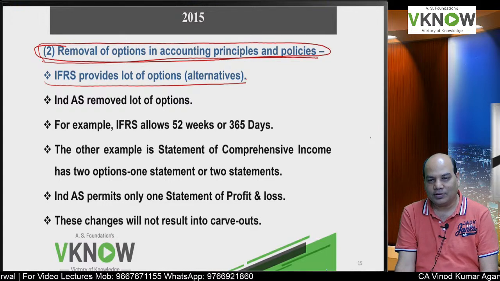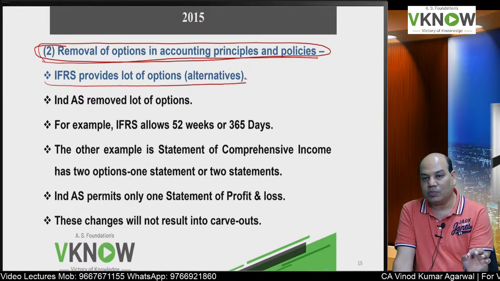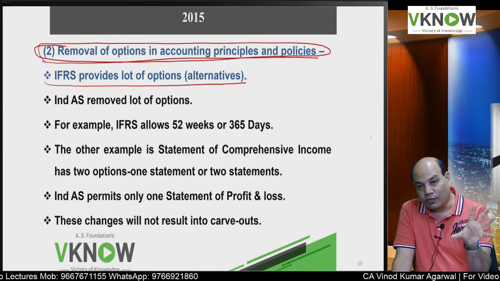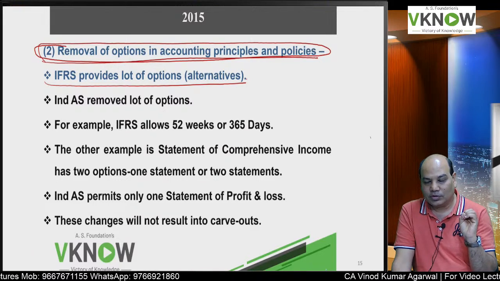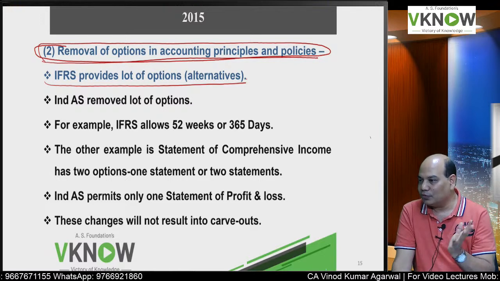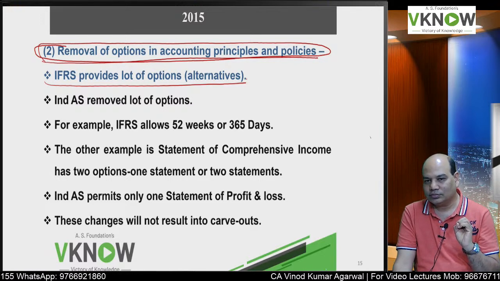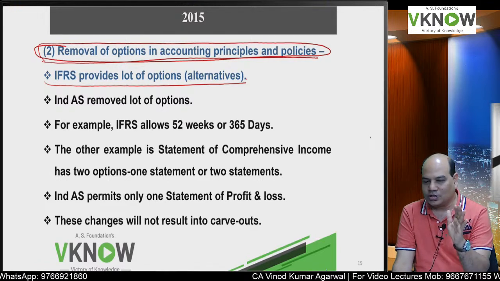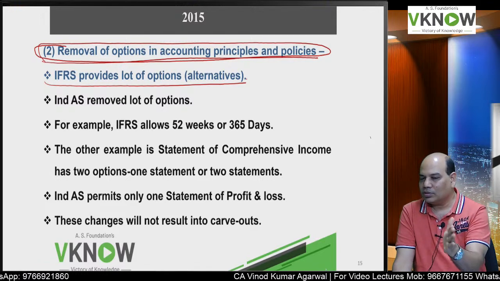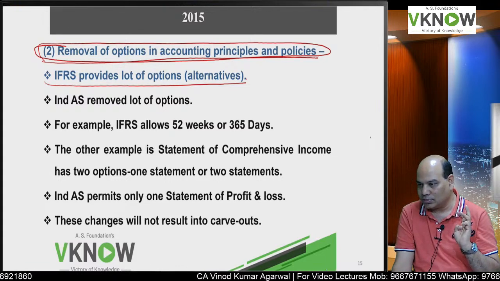For example, an interesting example, there you can prepare a financial statement based on either 1 year or 52 weeks. And now all of you know 52 weeks is not equal to one full 365 days. In India we don't have that. We have to follow the financial year starting from 1st April to 31st March of the next year. So here I am not giving you a choice.